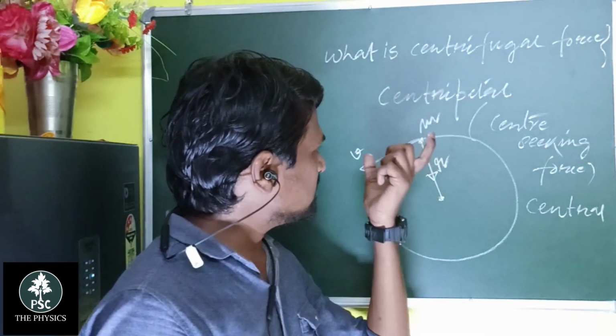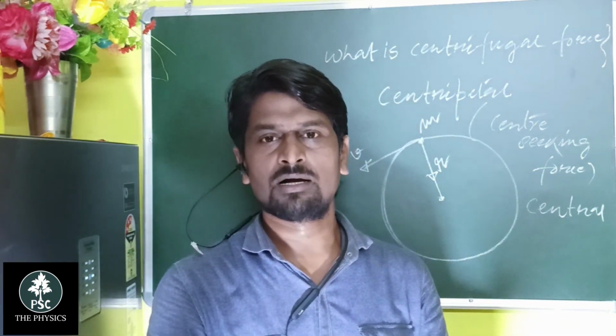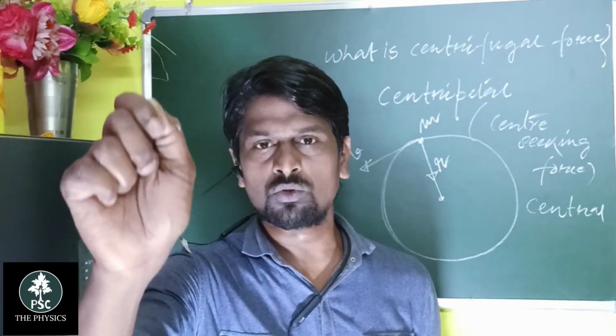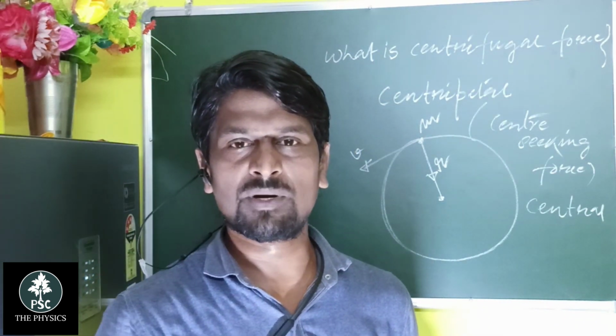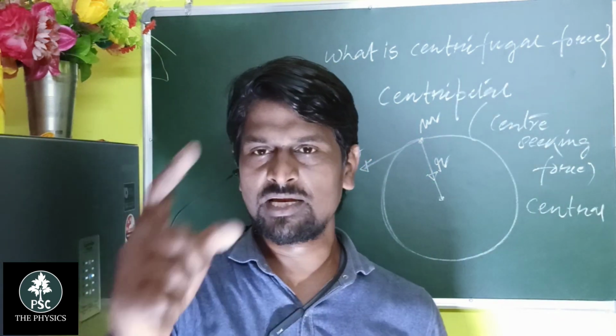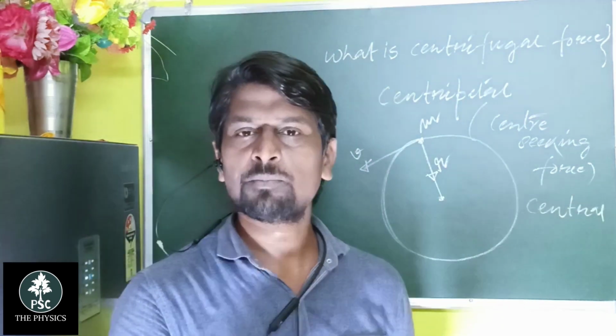So what type of force is a central force? It may be tension force. If we tie a stone and rotate it in a circular path, then the tension within the string can provide that force. When an electron revolves around the nucleus, electrostatic force can provide that force.